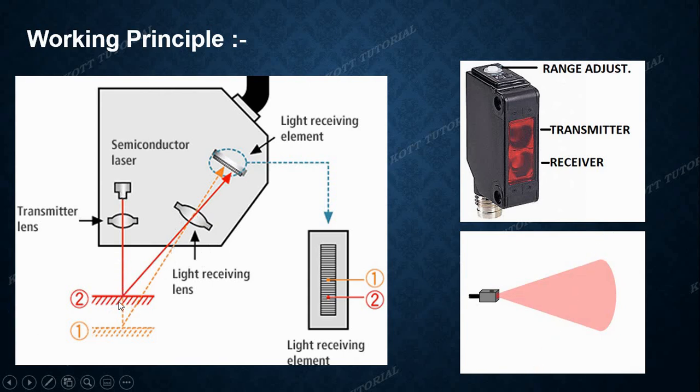So as we go on increasing the range, this angle changes. So this is the basic working of a photoelectric sensor. It has a knob for adjusting the range, a transmitter, and a receiver. The light is incident on a product and then reflected back for the detection.